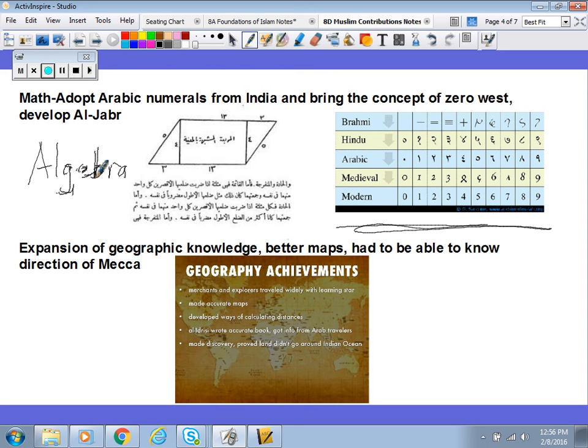They have become very good at this as a people. Better maps, good ways of calculating distances, and then they learn how to use the stars to tell them what direction things are. Because, again, one of the 5 pillars of Muslim faith is that you have to pray 5 times a day facing Mecca. So from any place in the world, a Muslim who's traveling would need to know which direction Mecca is. So they become very, very good with geography.